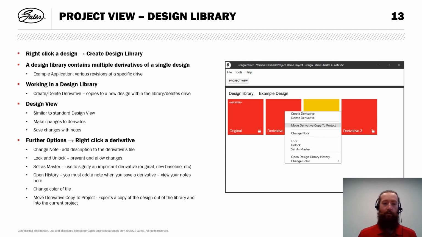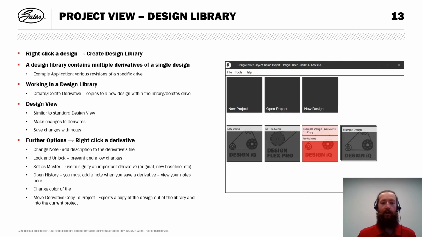And lastly, we can move a derivative copy to our project. This basically exports a copy of the design out of the library and into the current project as a new design. You'll see here, example design derivative 1 copy is listed right here.